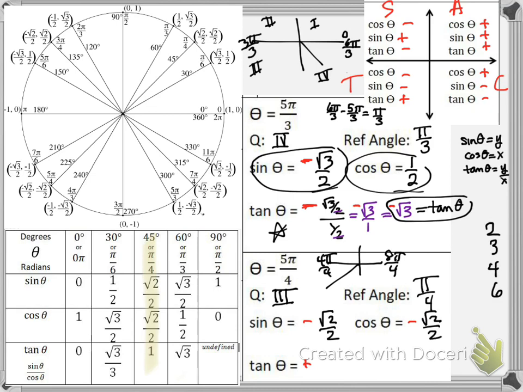And when I do tangent, and I divide -√2/2 by -√2/2, can you tell anything divided by itself is just going to be 1? So this is my answer for tangent theta.